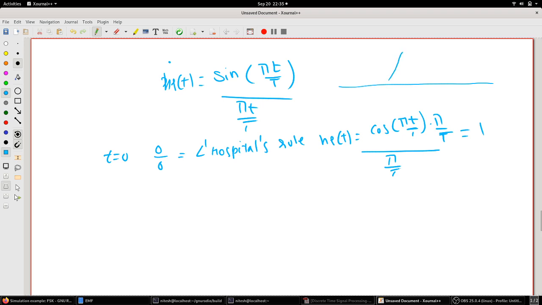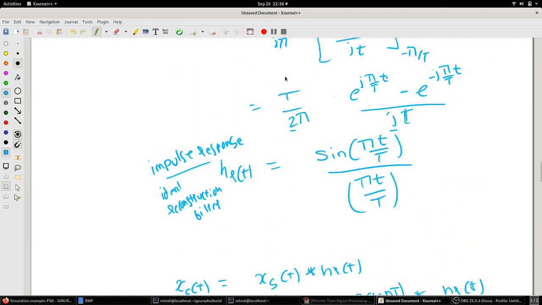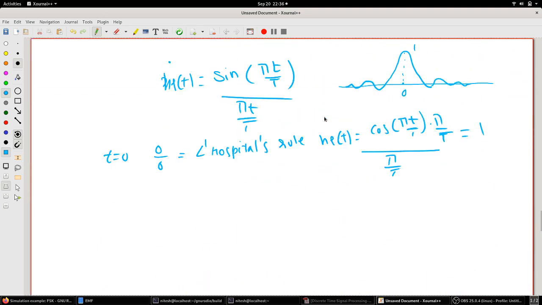So it's going to look something like this. It's going to be a symmetric function, a dipping function, going towards 0. It's going to have a peak at 0, which is going to be 1.